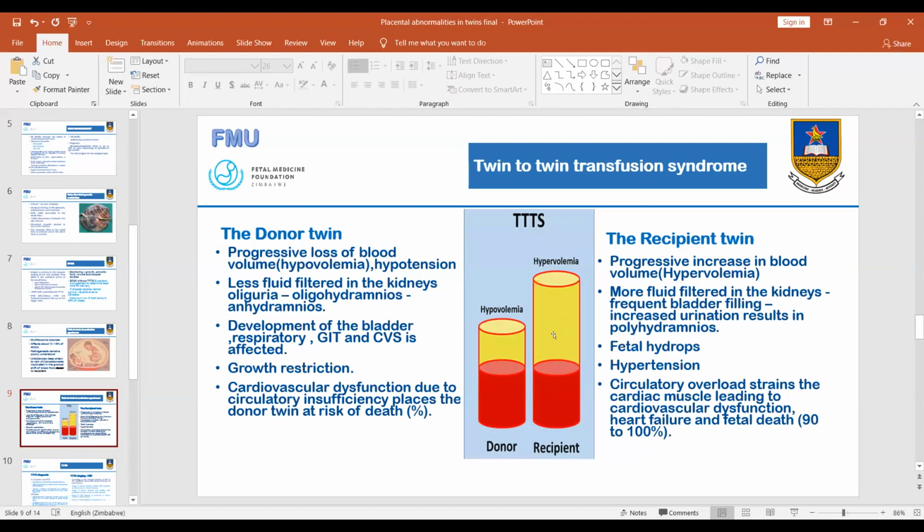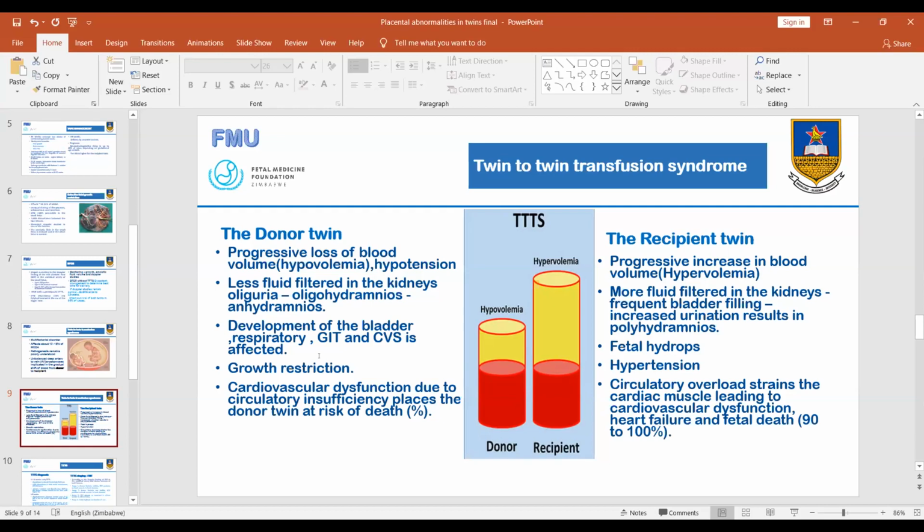plasma volumes. So in this case, the donor twin will have less circulatory volume, and less fluid will be filtered at the level of the kidneys, will end up having less urine production and oligohydramnios, and if this continues unchecked, we may end up having anhydramnios in the sac of the donor twin.